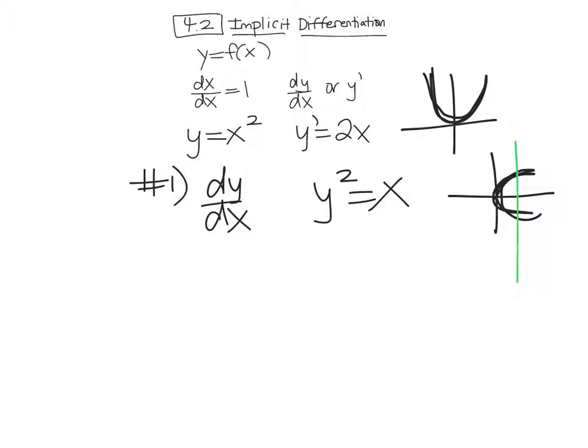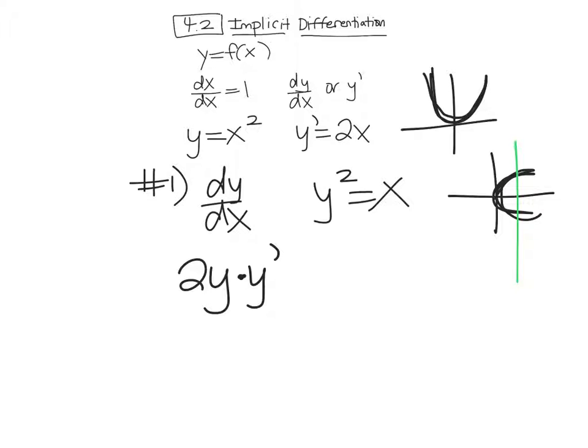All right, so let's take the derivative of this. In order to take the derivative of y squared with respect to x, you take the derivative of y squared, which is 2y, and then you tack on a y prime. It's chain rule. The derivative of y is y prime. So you get 2y times dy/dx.